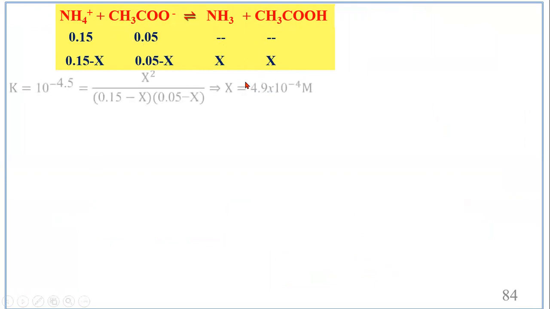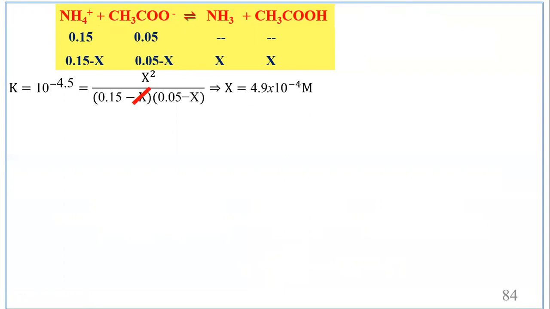I have to sit there and find my X. Let's do that. The first thing you would ask yourself is, why am I bothering to do this? It's limited. Well, because I have to. Why do I have to? Because if I am asked to find pH, then I have to have the two couples, an acid and a base couple.